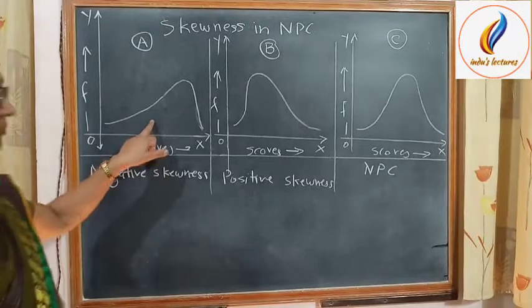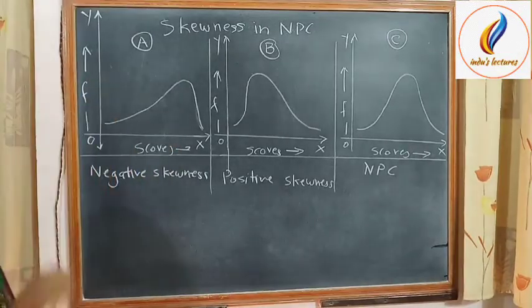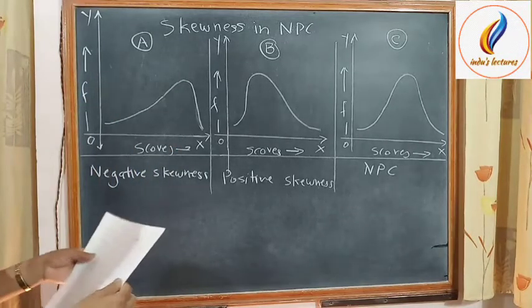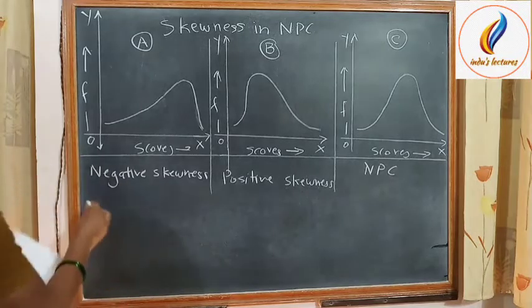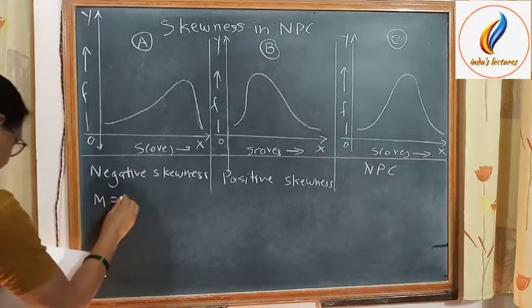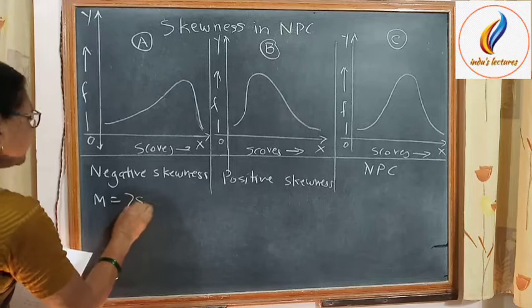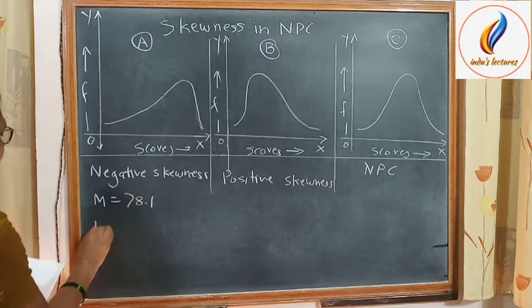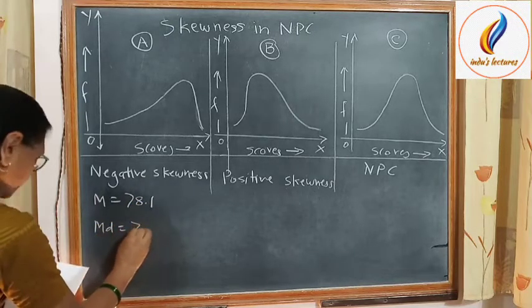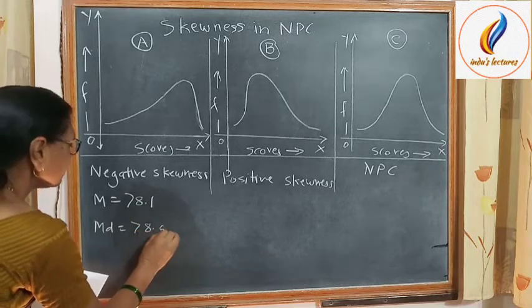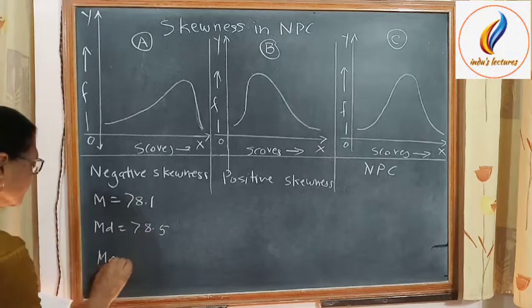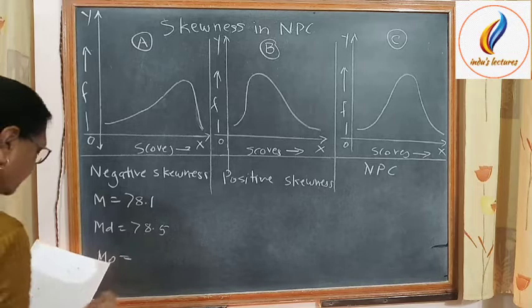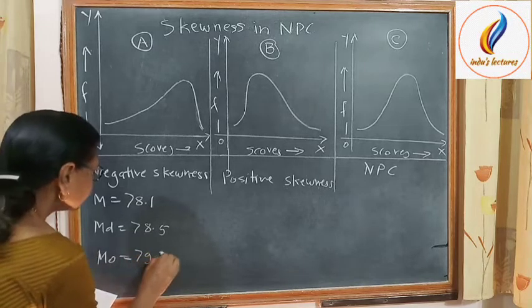In the case of negative skewness, we consider distribution A. In distribution A, mean is equal to 78.1, median is equal to 78.5, and mode is equal to 79.3.